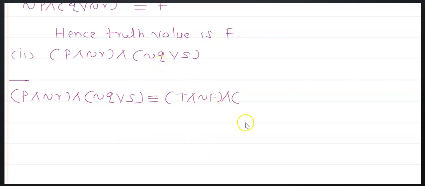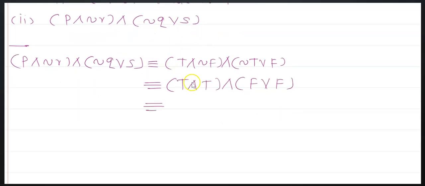Q is T, that is negation of T or F. Therefore T and T and F or F. Now what is T and T?